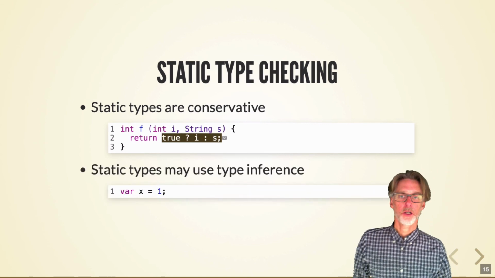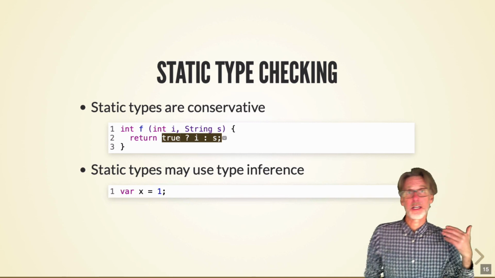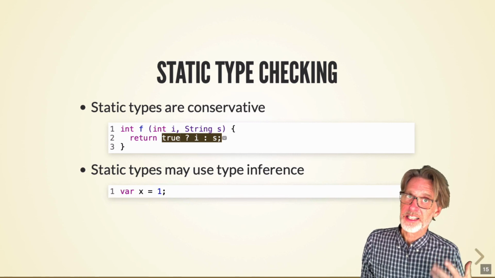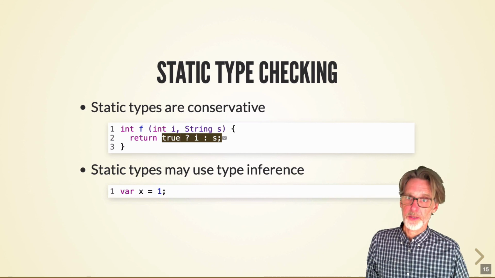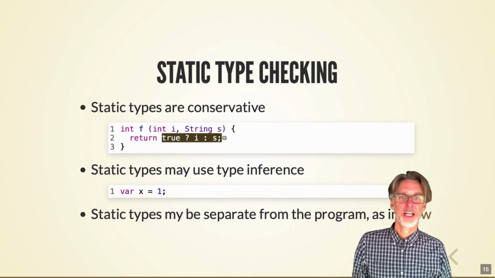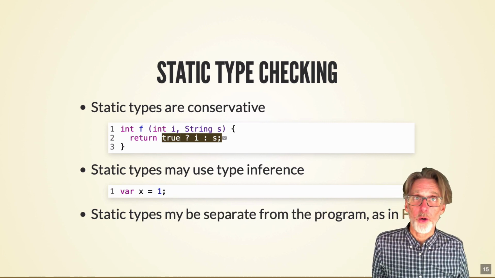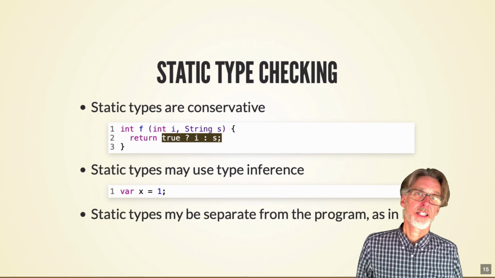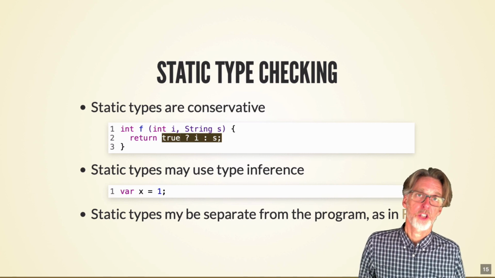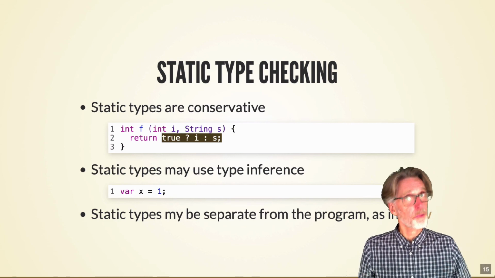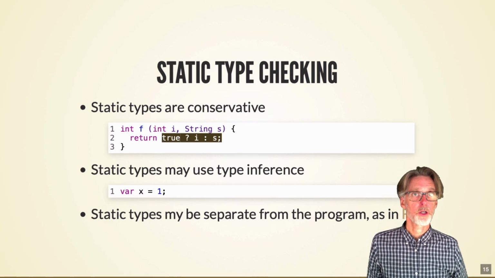Static types also may use inference. They don't necessarily require explicit type declarations. In addition, static types may not even be in your program. If you look at Facebook Flow, this is a type system for JavaScript, which puts types in a completely separate file from the JavaScript code itself.